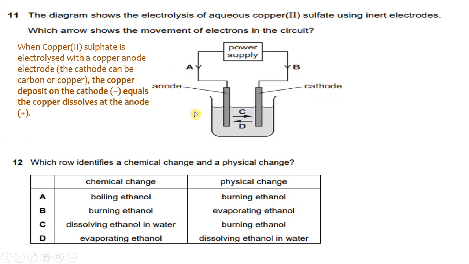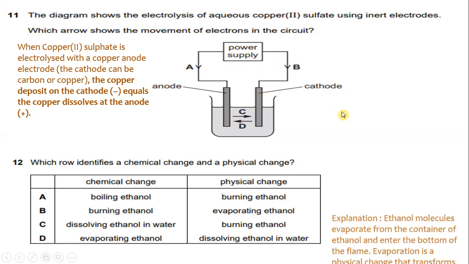When copper 2 sulfate is electrolyzed with a copper anode, the cathode can be carbon or copper, and the copper deposited on the cathode equals the copper dissolved at the anode. So this is the power supply, and the movement of electrons should be from B to the cathode. So the answer for this is B.